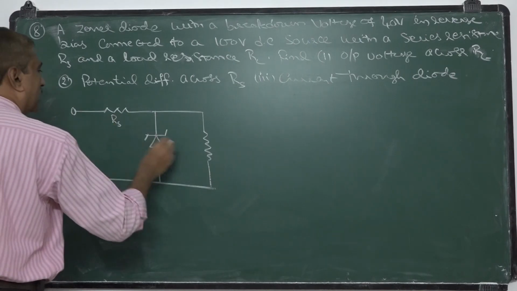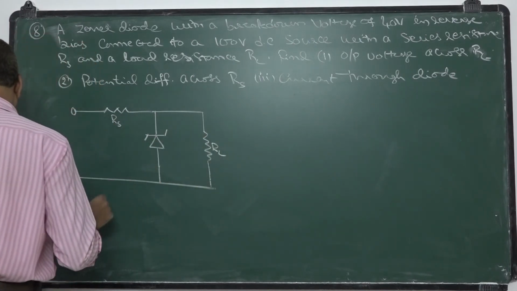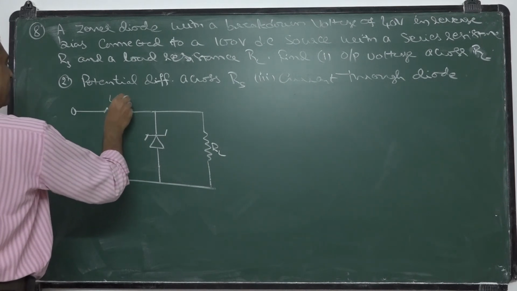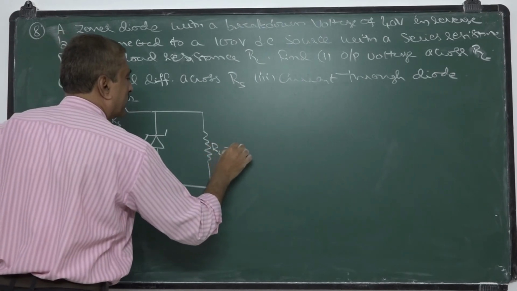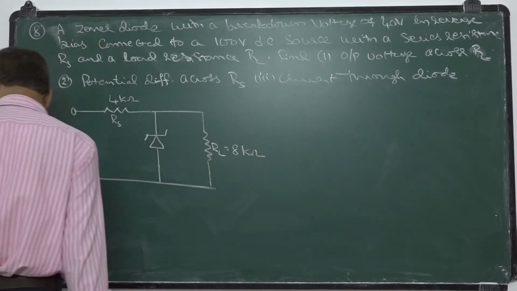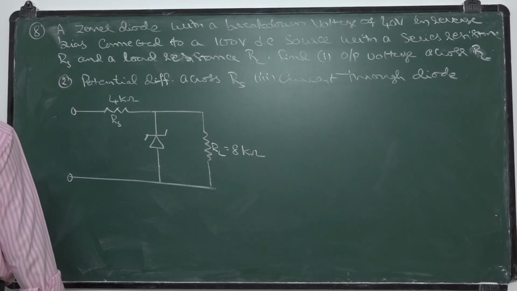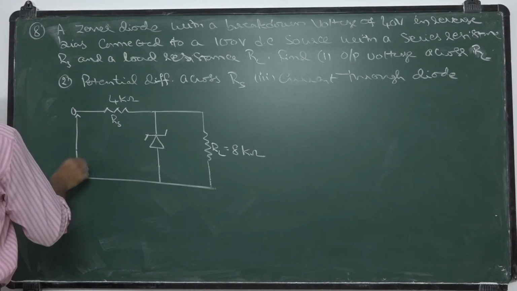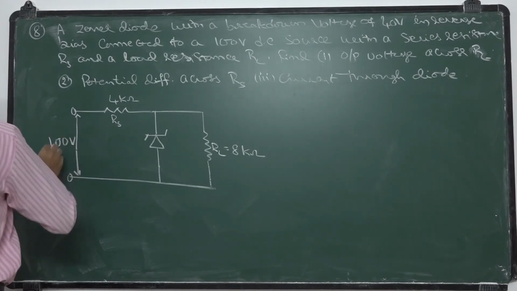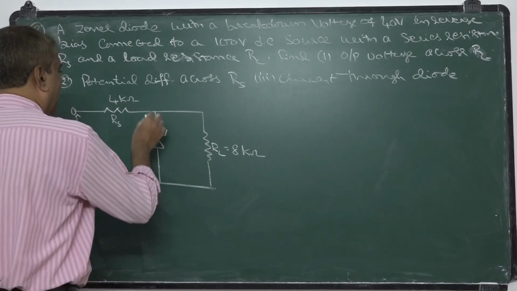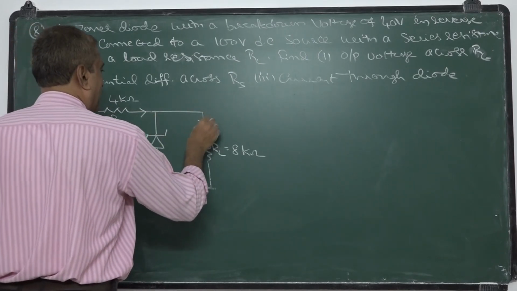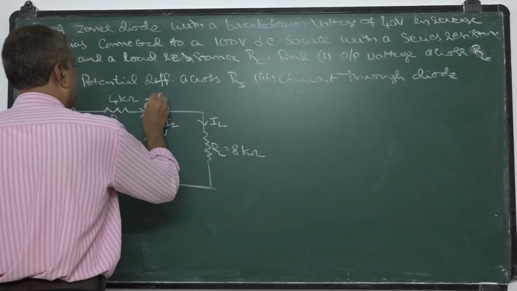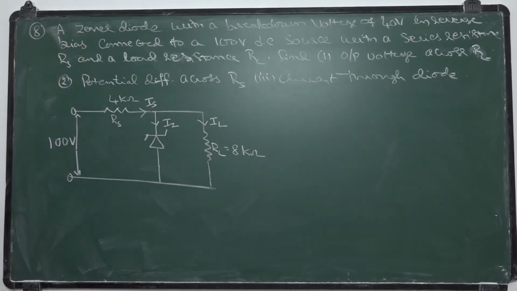This is RS and this is RL, and this RS is given as 4 kilo ohm and this RL is given as 8 kilo ohm. And here it is connected 100 volt DC. Now a current like this, and this is, if you take IZ, IL, and this is IS. So this is the circuit given.